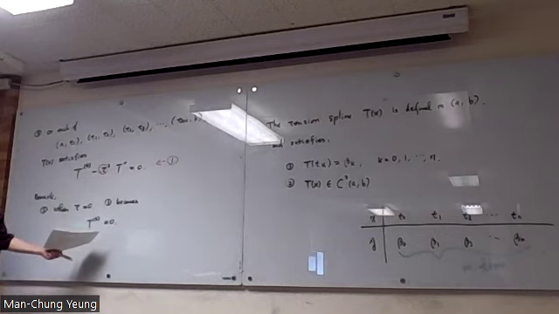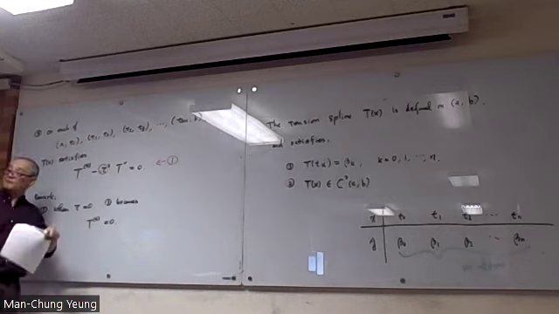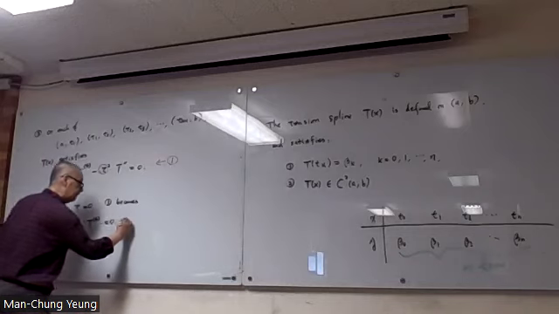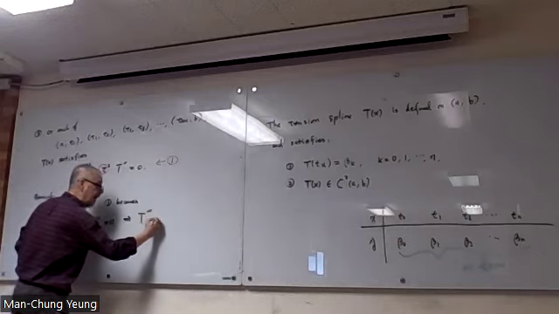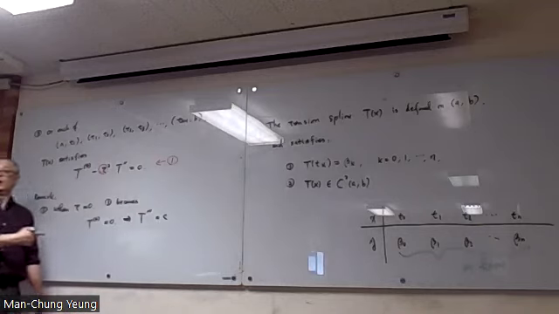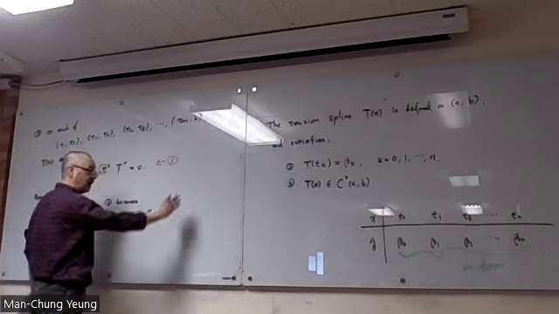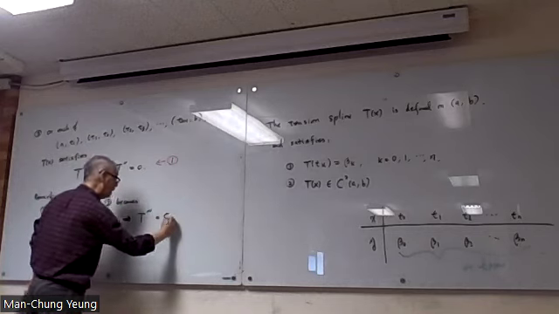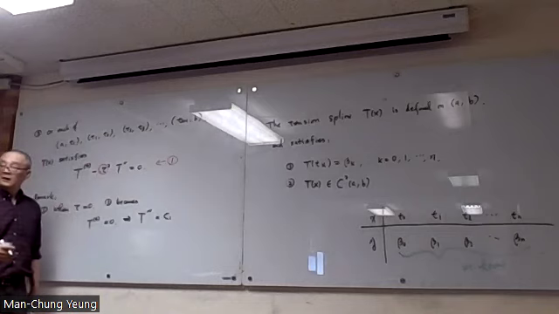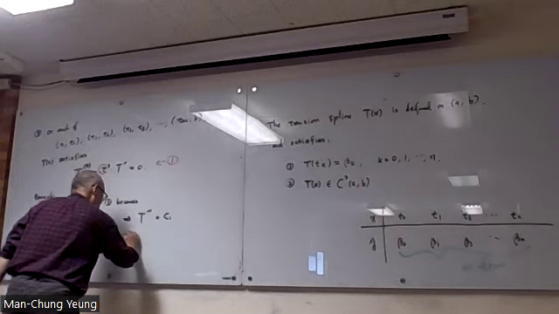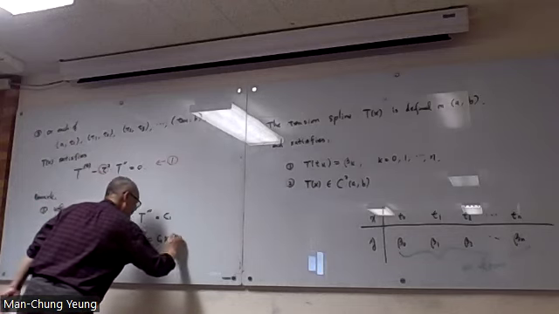How to find T? Easy. If some function's fourth derivative is 0, then this implies that the third derivative is a number. Do you agree? Say a number C1. The third derivative is a number. The second derivative is C1 x plus C2. Do you agree?